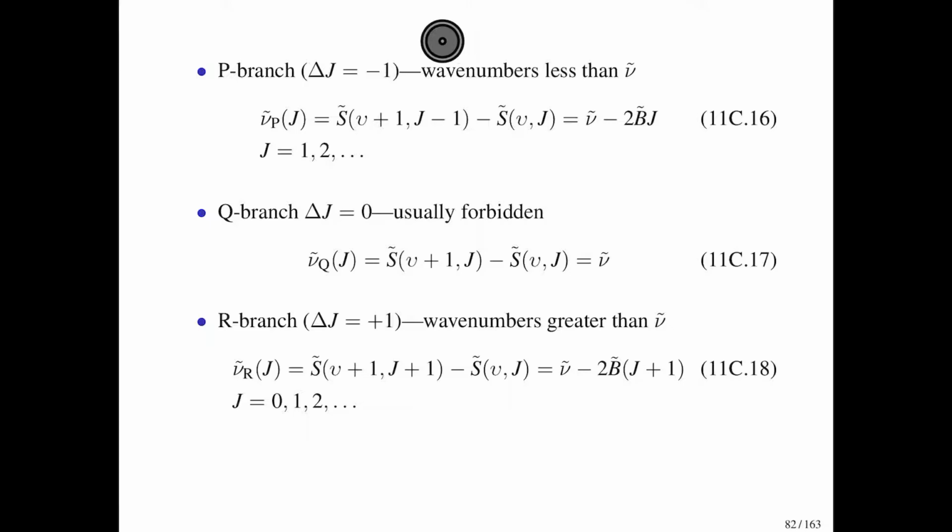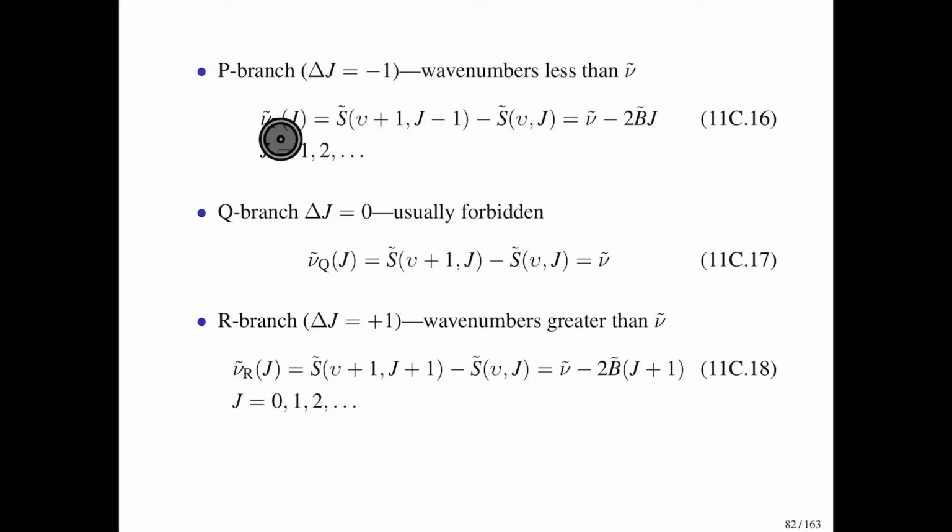We find that the peaks occur at wave numbers that are less than the vibrational frequency of the harmonic oscillator. So we take the difference of two terms. Notice that the quantum number for the harmonic oscillator increases by 1, but the quantum number for the rigid rotor decreases by 1. This is the difference in energy between these two terms, and you get this expression here.